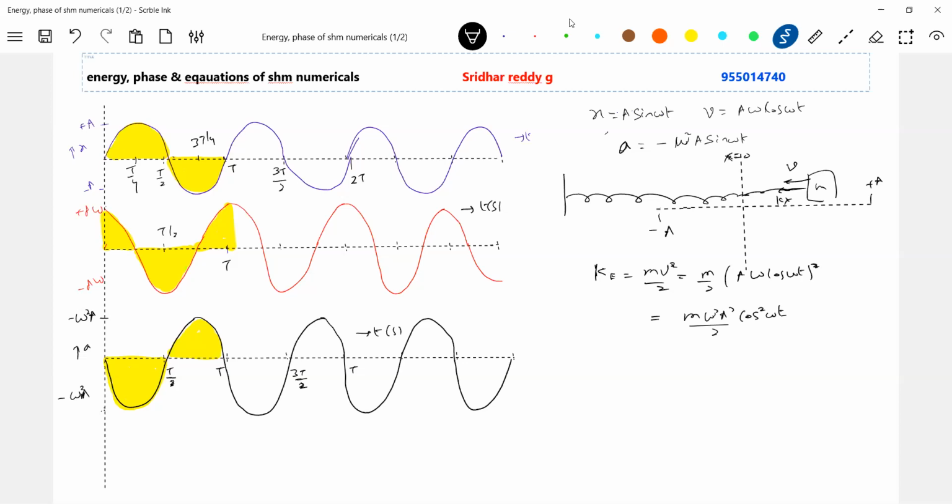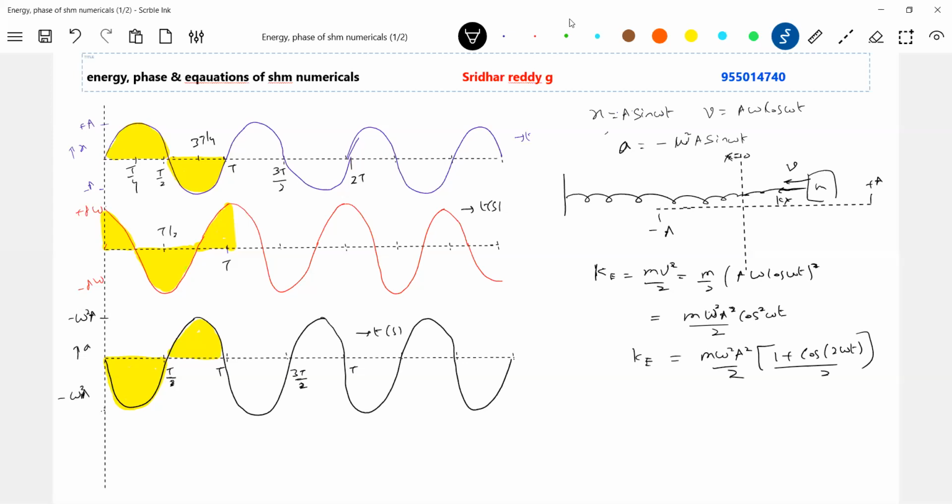Your trigonometry should come into the picture. What happened? Pen not responding. Okay, fine. This is cos square omega t. What you can write it as: m omega square a square by 2 times (1 plus cos 2 omega t) by 2. Will I agree with this?